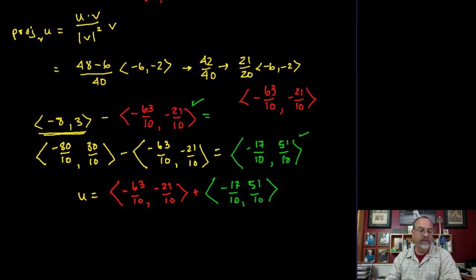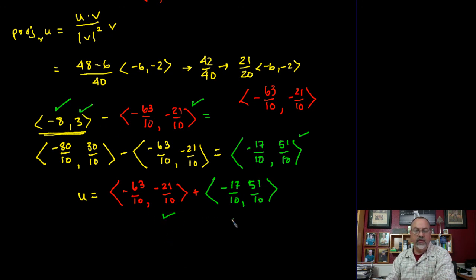And this should be simple enough to check. I'll just simply add these together and I should get my original vector. So negative 63 plus a negative 17, that's negative 80 over 10, which is negative 8. And then negative 21 plus 51 is a positive 30 over 10, which reduces to 3.